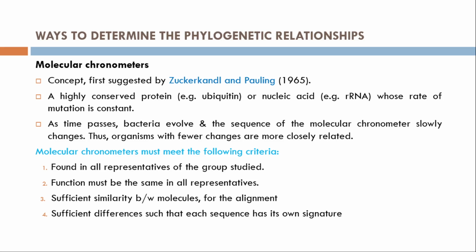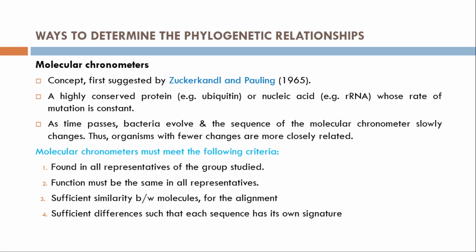So why do we use molecular chronometers? Rather than taking the whole genome sequence of an organism, we target some representative sequence, and based on that we can go for phylogenetic analysis. The concept of the molecular chronometer was first given by Zuckerkandl and Pauling in 1965.